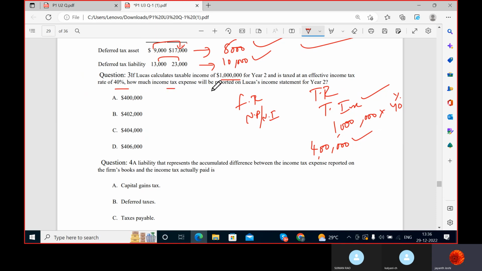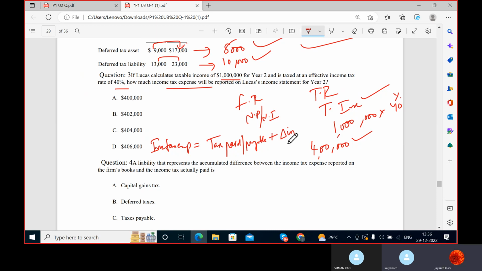What is it they are asking? How much income tax expense? So the formula for income tax expense is nothing but tax payable, paid or payable, whatever it is, plus deferred tax liability changes, plus change, that is, I am putting delta.